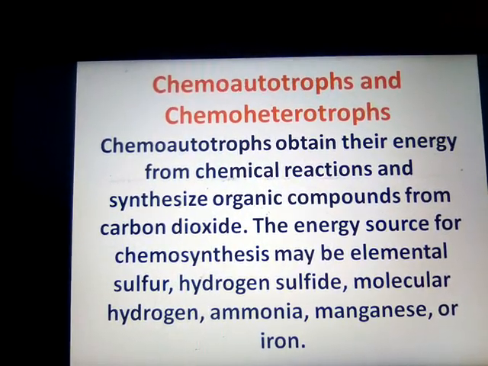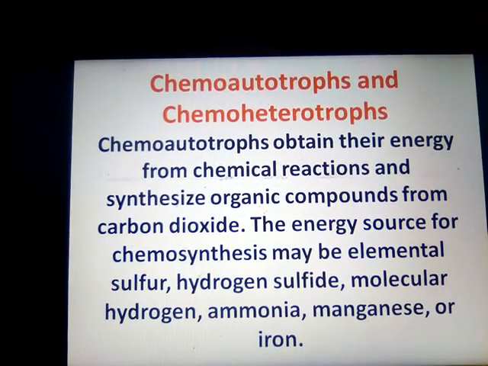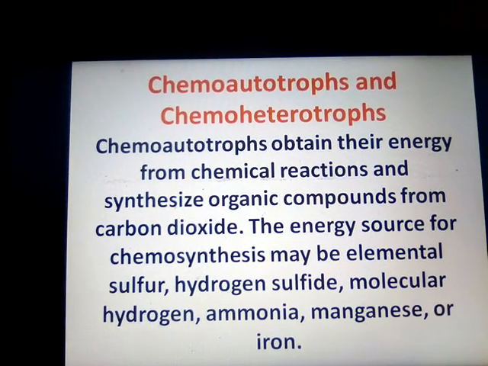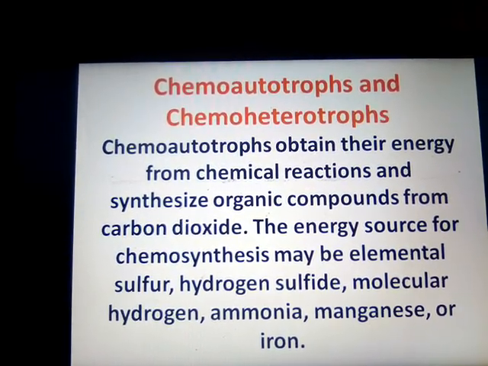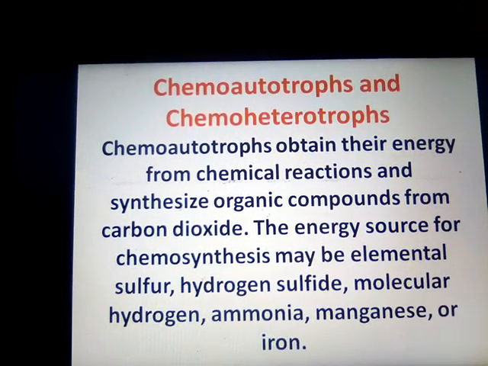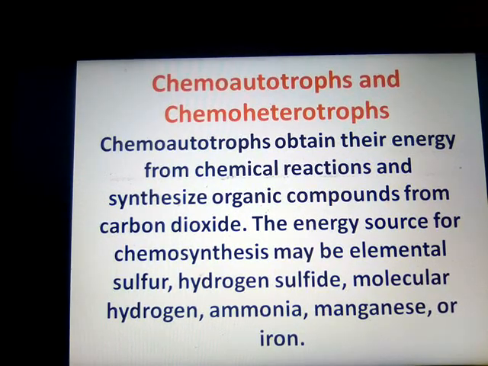The energy source for chemosynthesis may be elemental sulfur, hydrogen sulfide, molecular hydrogen, ammonia, manganese, or iron.